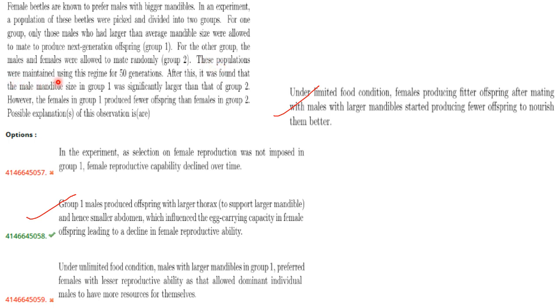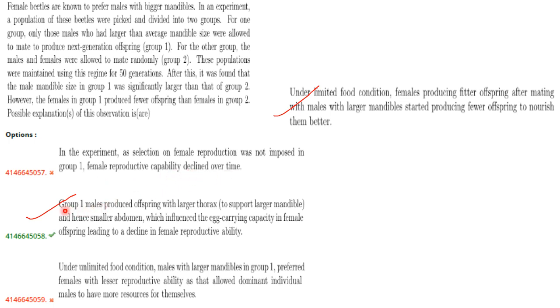These populations were maintained using this regime for 50 generations. After this, it was found that the male mandible size in group 1 was significantly larger than that of group 2. However, the females in group 1 produced fewer offsprings than females in group 2. Possible explanation for this observation: in the experiment, as selection on female reproduction was not imposed in group 1, female reproductive capability declined over time.